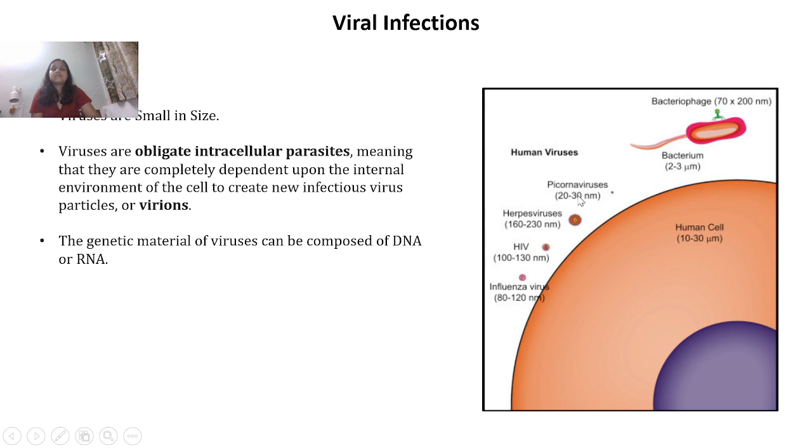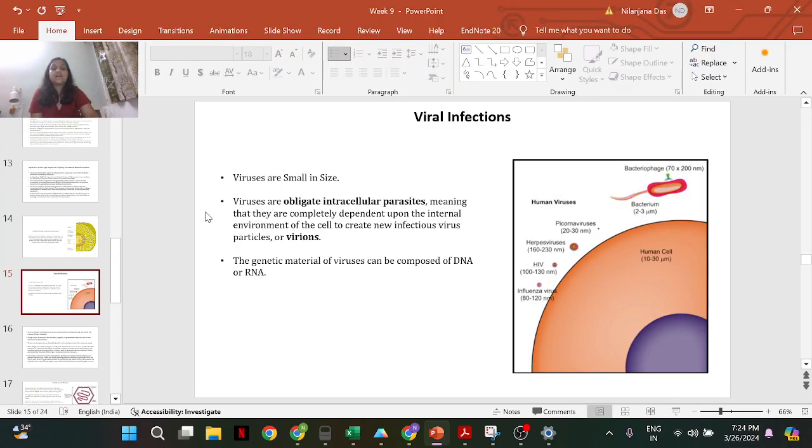And viruses are very much small in size. These are the characterization of the viruses. They are small in size. They are obligate intracellular parasites, which means they are completely dependent upon the internal environment of the cell to create new infectious virus particles or virions. So they cannot survive in the environment. They will only survive upon the host, and they will require the host system to create new infectious virus particles.